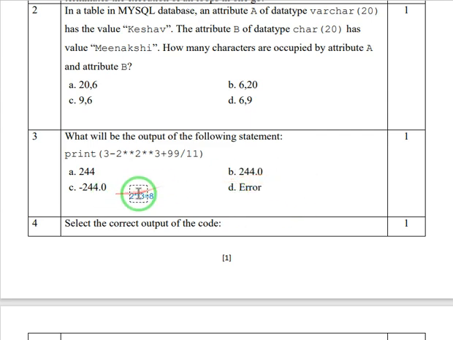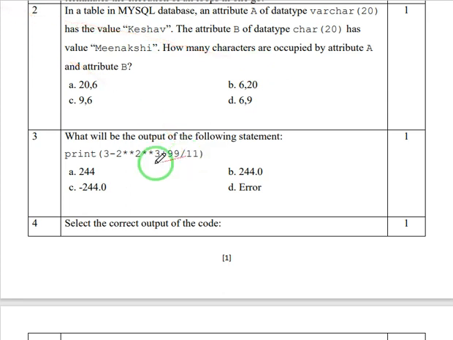Now, 2 raised to the power 3 is 8. After that, it becomes 3 minus 2 raised to the power 8 plus 99 by 11. So, this becomes 3 minus 2 raised to the power 8 plus 9, which is the same as 12 minus 2 to the power 8. And 2 to the power 8 is 256, so this becomes 12 minus 256.